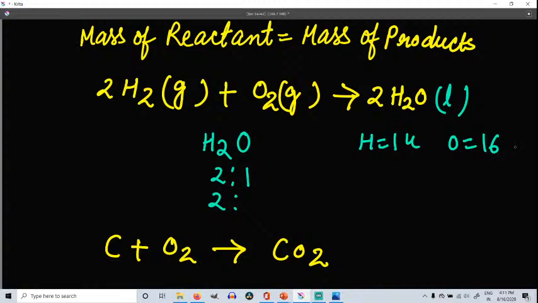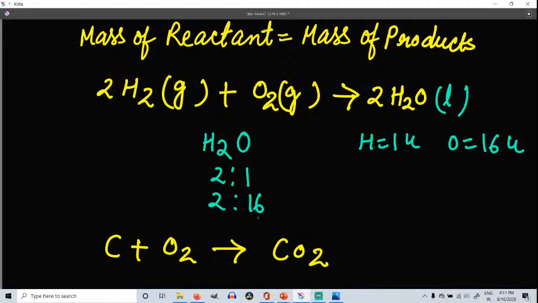If we take the ratio by mass, we get 2 is to 16. It means if you are taking 2 gram of hydrogen, you require 16 gram of oxygen.